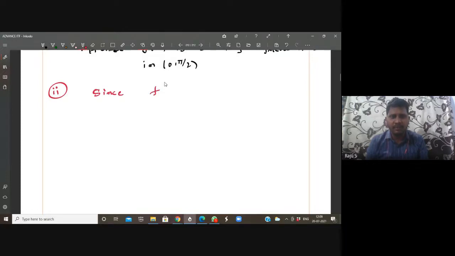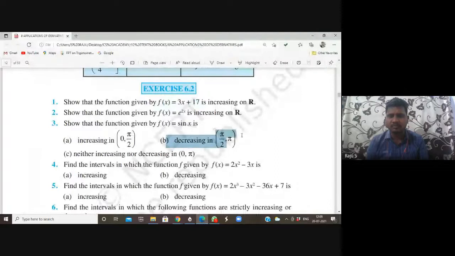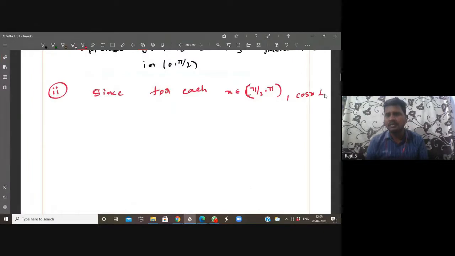What shall we write? For each x belongs to pi by 2 to pi, what about cos x? Greater than 0 or lesser than 0? Second subdivision I am doing here. Cos x is lesser than 0 because in the second quadrant cos is negative.